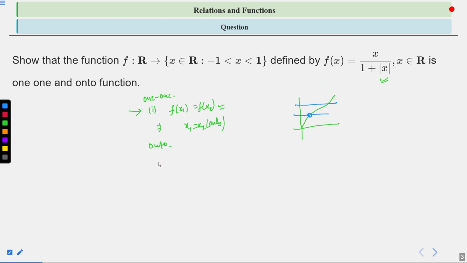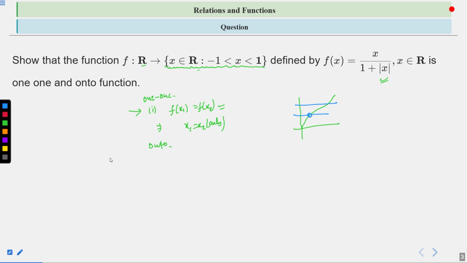For onto, the codomain should be equal to the range of the function. This is the domain and this is the codomain. So the codomain should be equal to the range of the function. We will also check whether the given codomain is equal to the range of the function or not.